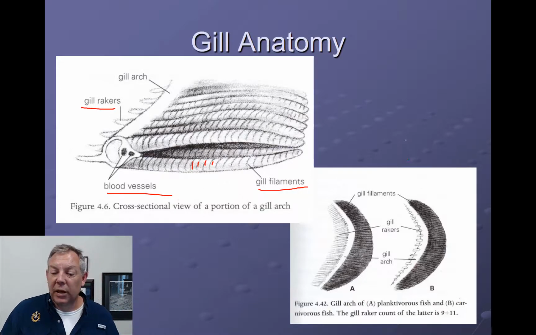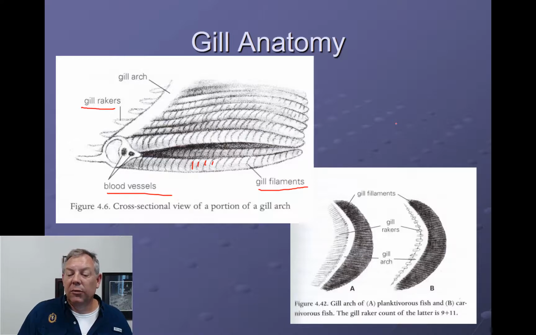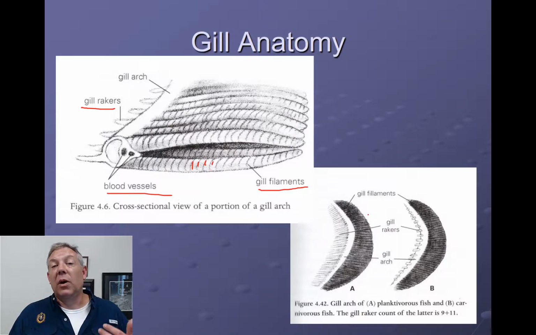This picture down here is showing you different types of rakers. These are rakers from different fish, and we often use the rakers as a way to identify one species from another. We do a lot of that in the Lepomis, the bluegills and their panfish relatives.